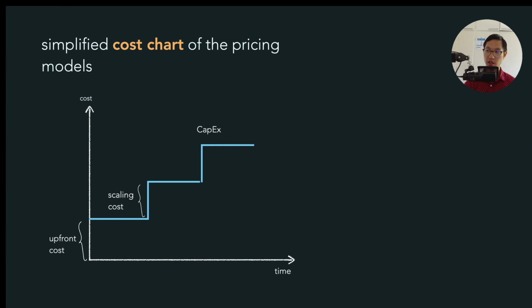Let's look at operational expenditure, or pay as you go. So this is very simplified, that I made it linear. More real is that it fluctuates. So it fluctuates, but the trend might be similar to a linear trend like this. So sometimes you have more, sometimes you have less. So this is the pay-as-you-go model.